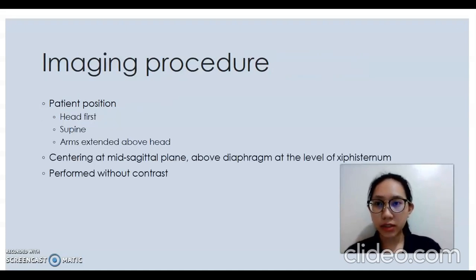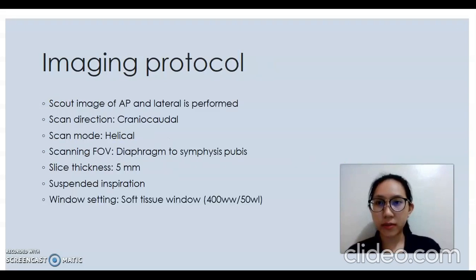For the imaging procedure, the patient position is head first and supine, and the arms are extended above head. For the centering, we will center the patient at mid-sagittal plane, above the diaphragm, at the level of xiphisternum. And this imaging procedure is performed without contrast.